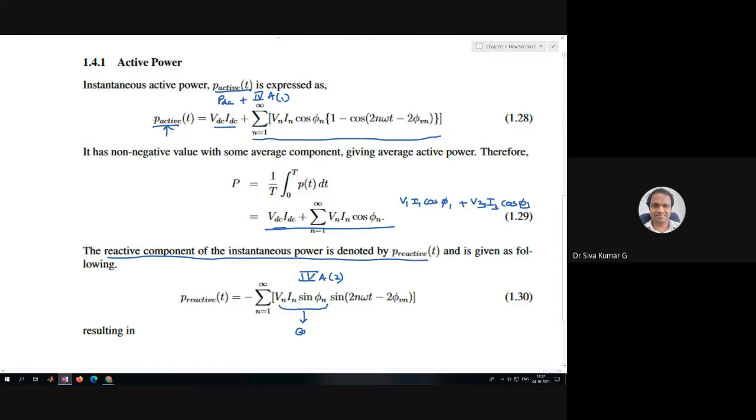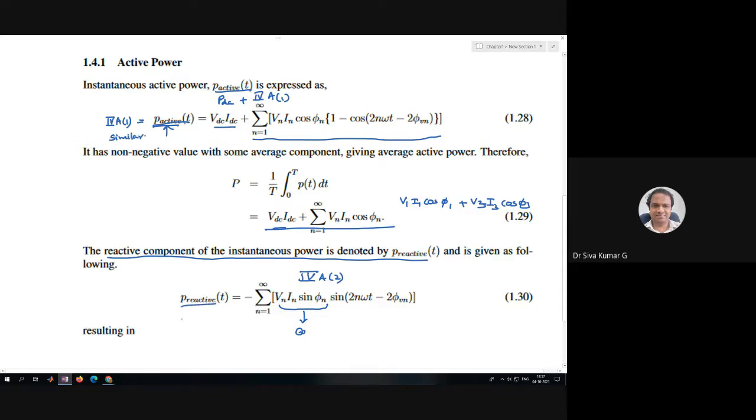Here the instantaneous active power of t is equivalent to the fourth A1, that is the interaction of same-frequency components. What I mean to say is that these are similar frequency components.